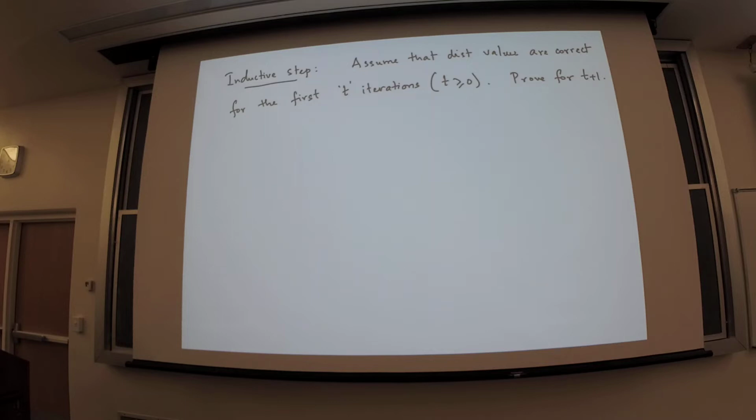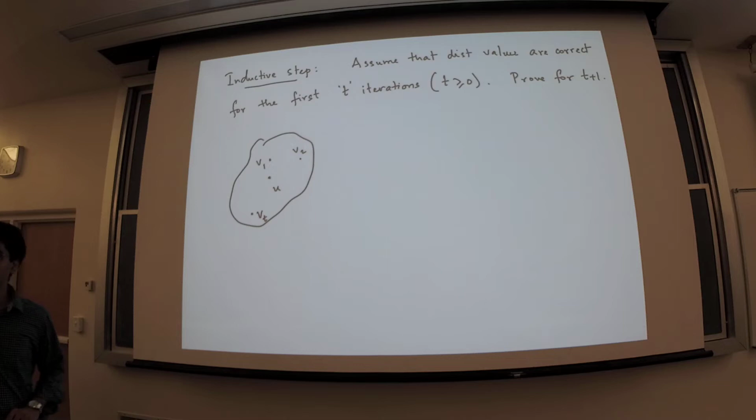Let's draw the picture. You have u, you have v1, v2, up to vt. These have all been added. In the way your algorithm works, you will pick some vt plus 1, which is outside.